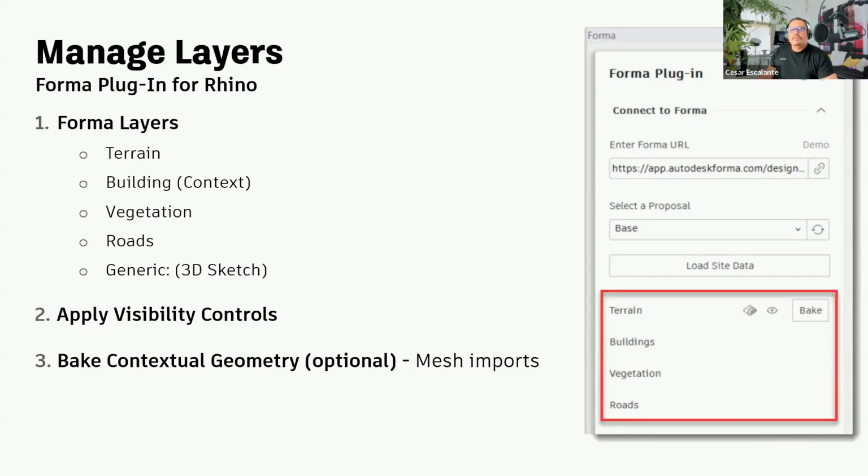Notice also that right now, the context comes in as a reference link, but if there are parts of the geometry that you need to bake into Rhino, you can do it using the bake tool.